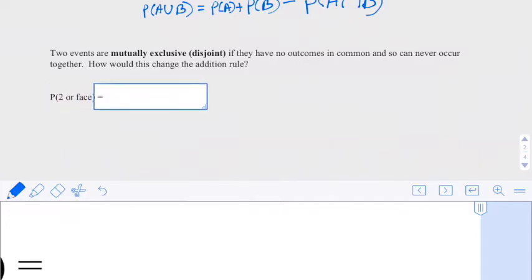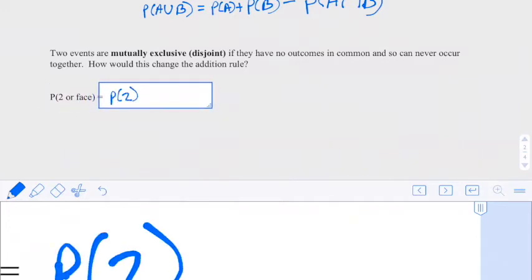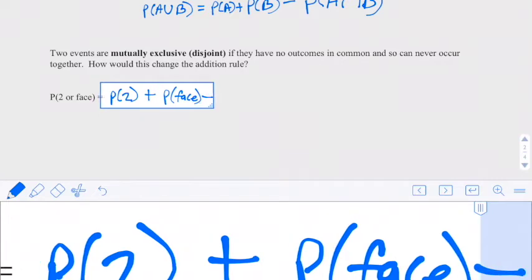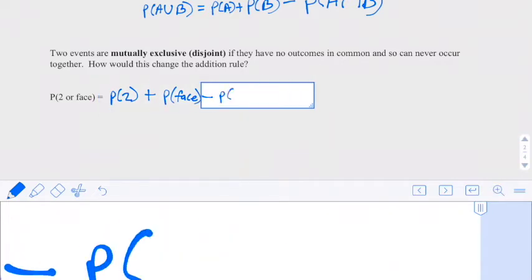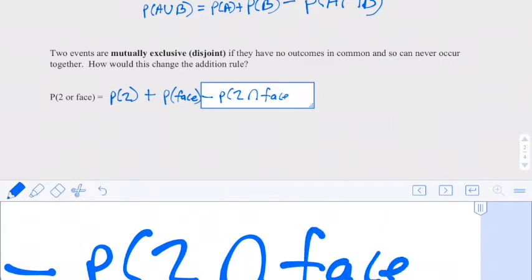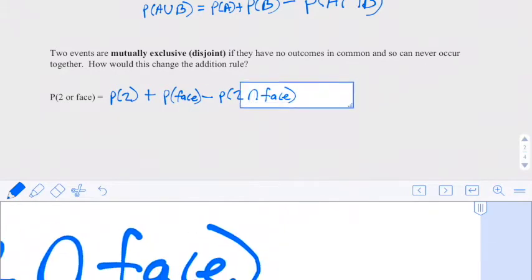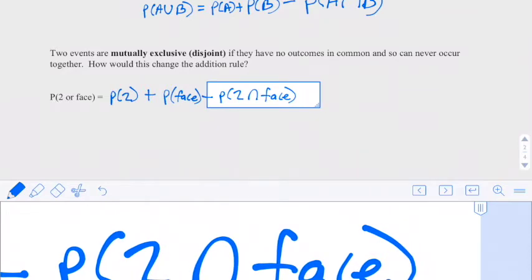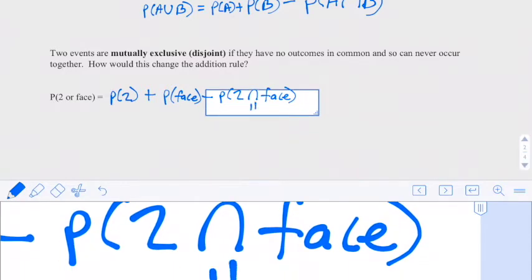So using the general addition rule, we would say this is the probability that we would have a 2 plus the probability that we would have a face card minus the probability that you could have a 2 and a face card at the same time. A 2 and a face card are different. You can't have both at the same time, so the probability of both happening is 0.